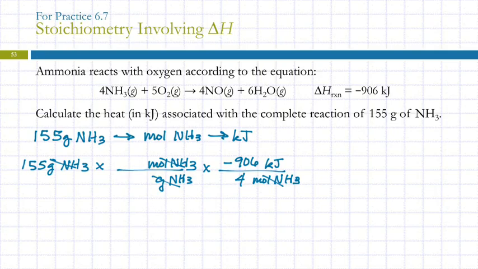And then I need the molar mass of ammonia, and just to speed things up, it's 17.034. So we've got 155 divided by 17.034 times negative 906 divided by 4.